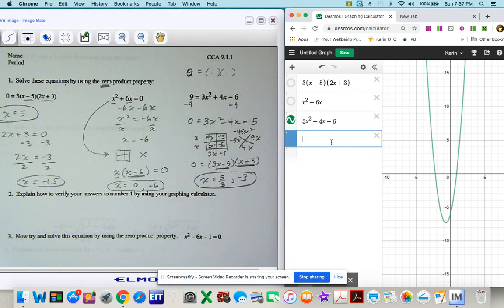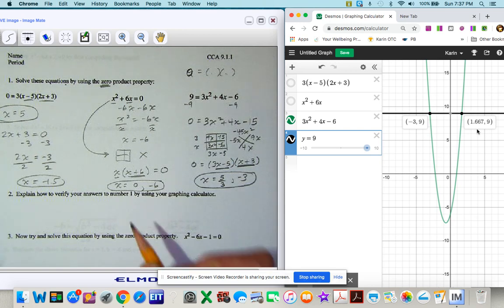It might be easier just to put in the line y equals 9, and then just look here. That's going to help me a little better. So -3 was one of my solutions, and my other one was 1.6 repeating, which is 5/3. So that's how you could use your graphing calculator to double check that.